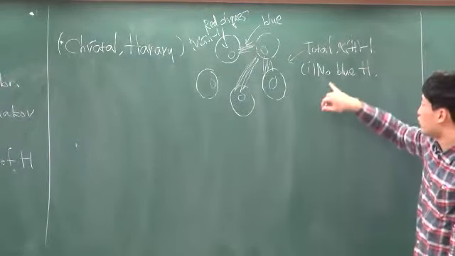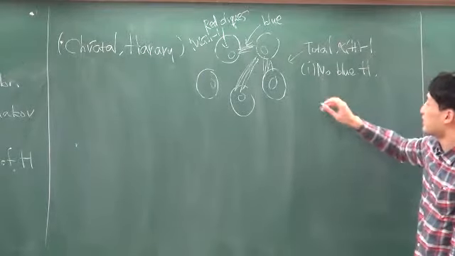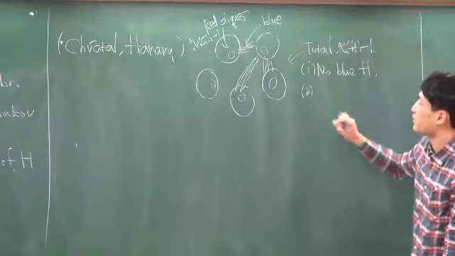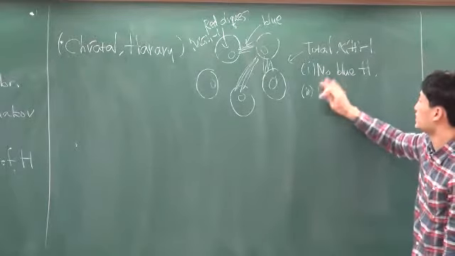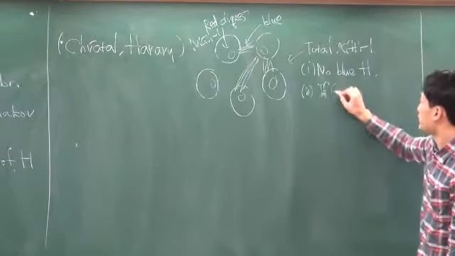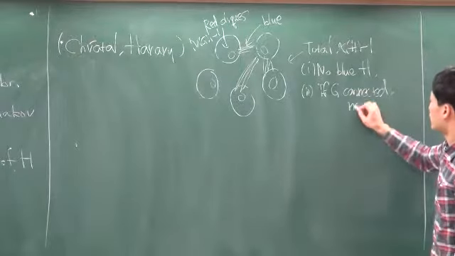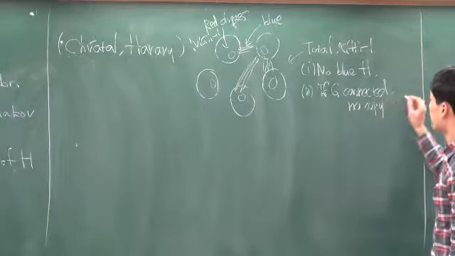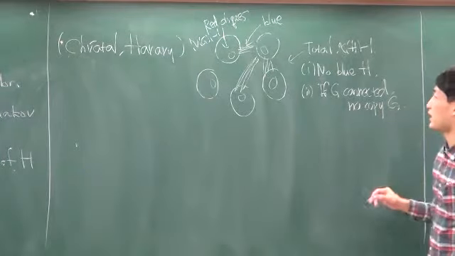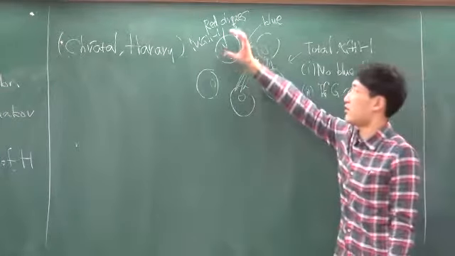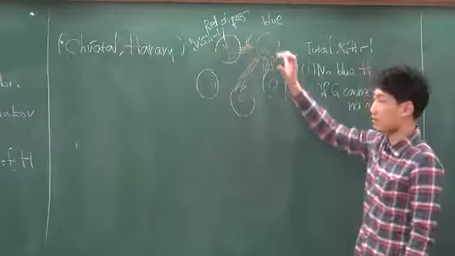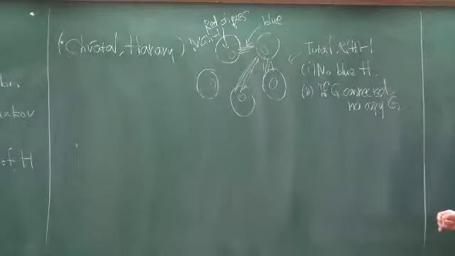That was one, so we forbade a blue copy of H. And there is no red copy of G, if G is connected. Connectivity is a reasonable assumption, and if G is connected, then a copy has to lie entirely inside one of the cliques, so we can't have a copy.